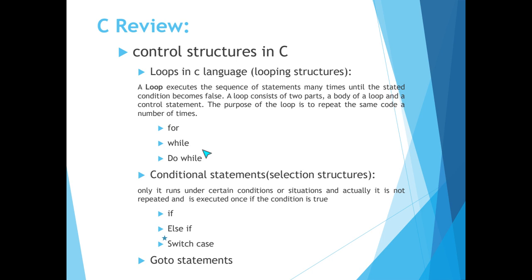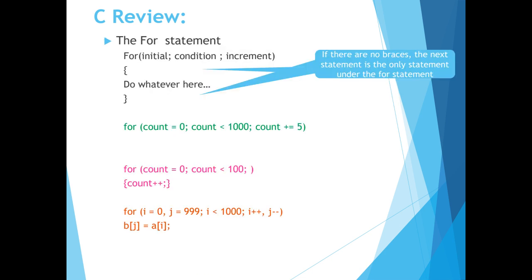The terms which are used for creating conditional statements are if, else if, and switch case. The other control structure in C language is go-to statements. I will talk about them in the next slides.